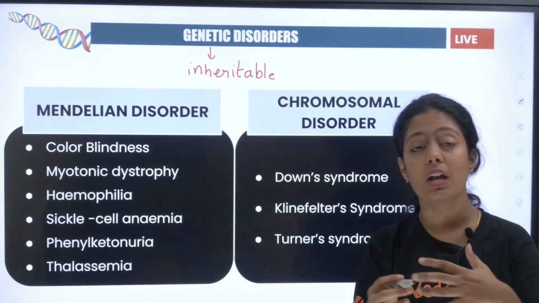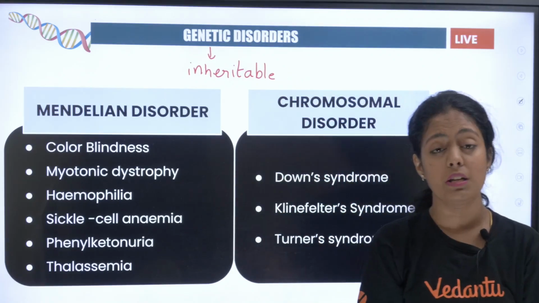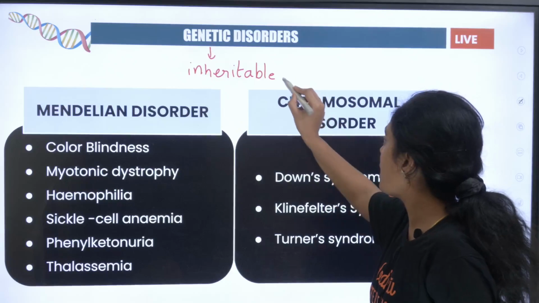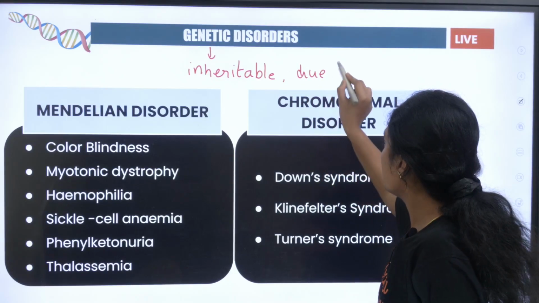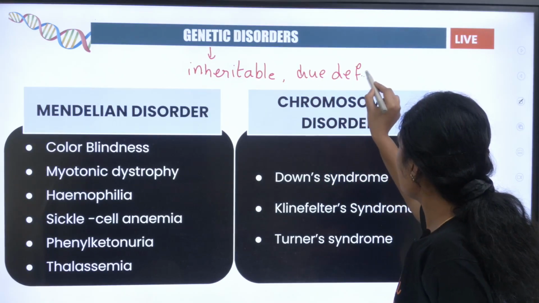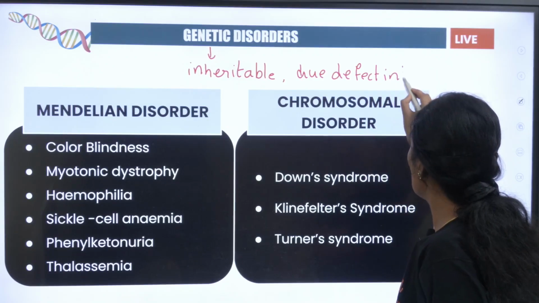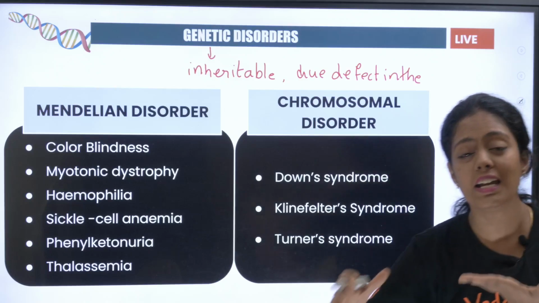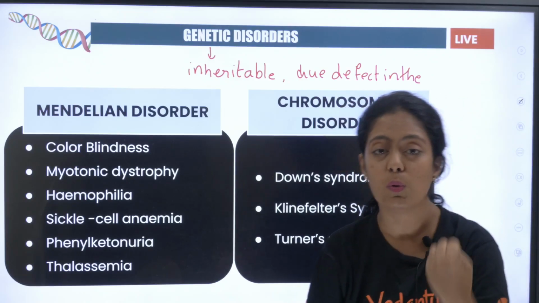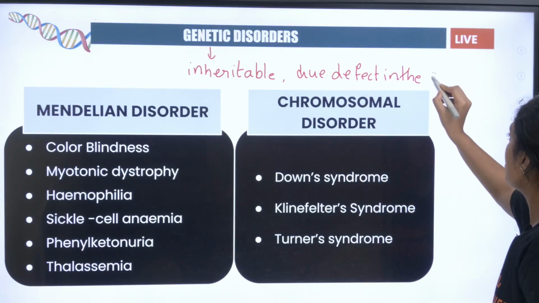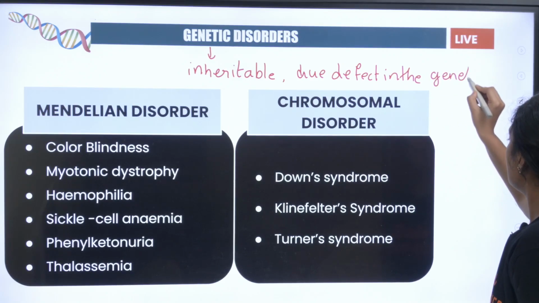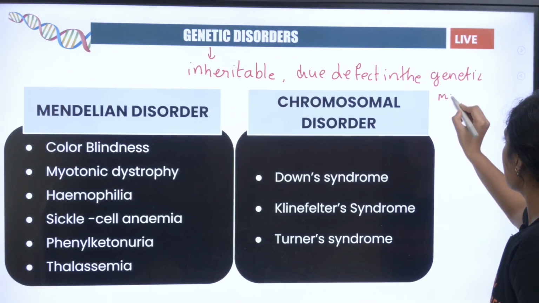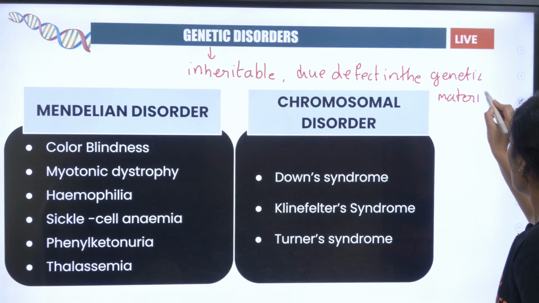The disorder which can move from parents to offsprings, or the disorders which are due to a defect in the genetic material. There is some problem in my genetic material. It could be at the DNA level, it could be at the chromosomal level, in the genetic material. That is what we call a genetic disorder.